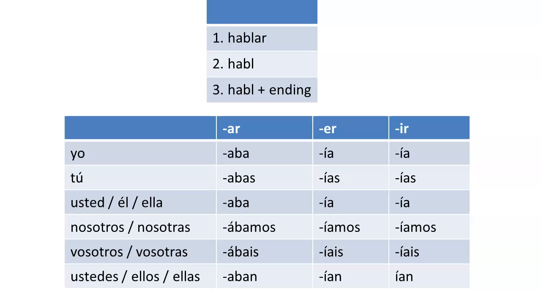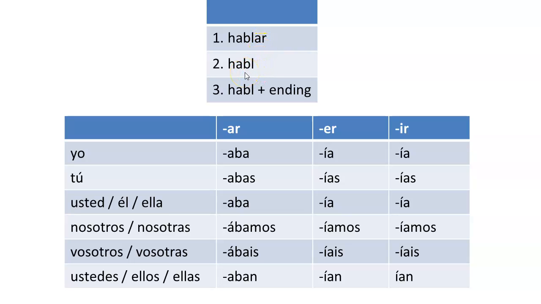Remember that you can't avoid it. You have to memorize the endings for AR, ER, and IR verbs. ER and IR endings are identical, so you just have to basically learn 2 sets of endings. Now, once you know your endings, you can go through the simple 3-step process of conjugating the verb. Remember, you start with your infinitive, step 1, remove the AR, ER, or IR, and then you find your root or your stem.